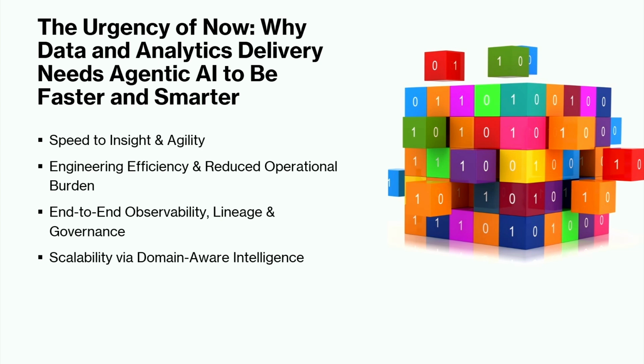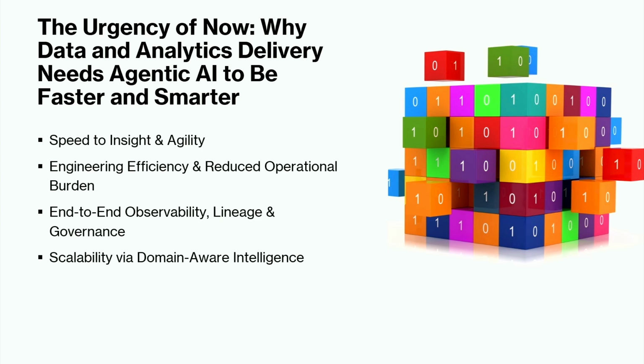The next important aspect is the overall engineering efficiency and the operational toil involved. As you would have observed, the majority of the engineering effort goes into figuring out where the data is or how it is organized, and doing some repetitive, low-value data engineering and maintenance operations. The other critical factor is the end-to-end observability, lineage, and governance. As data footprint and its consumption grow, the visibility into data assets in terms of usage, flow, and quality becomes more critical.